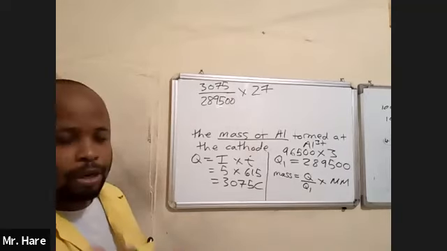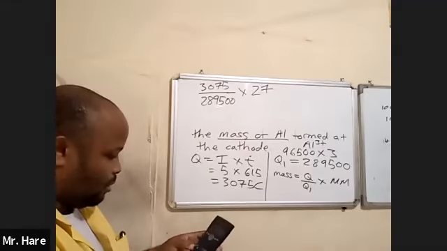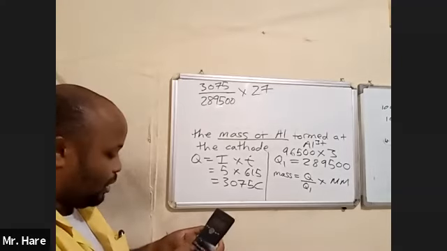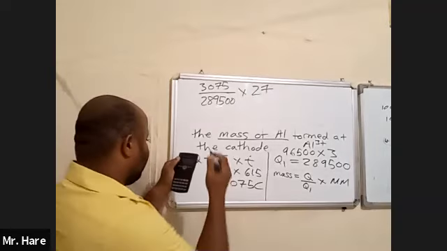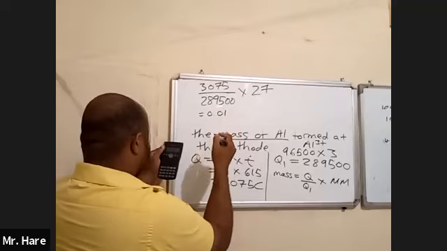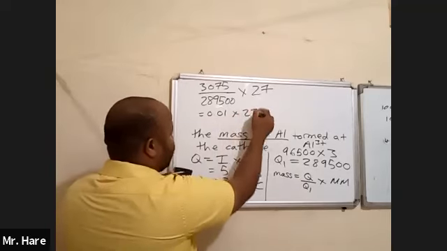Do you have a question? You can go ahead. No, sir, I have a question. All right, so 3,075 divided by 289,500, I get 0.01. All right, and times it now by 27.